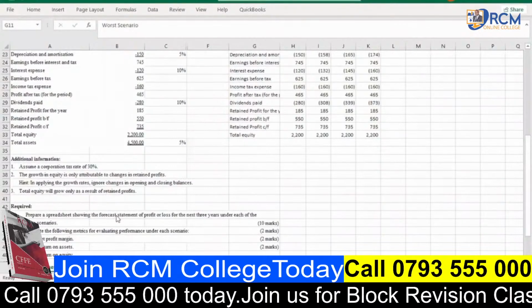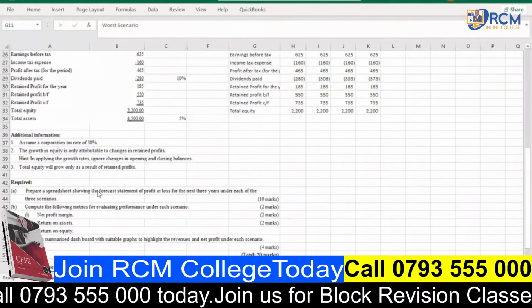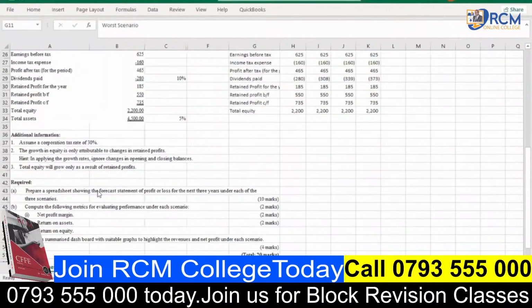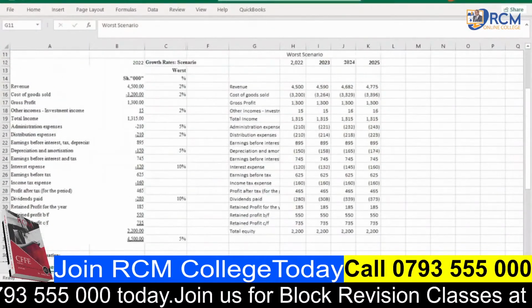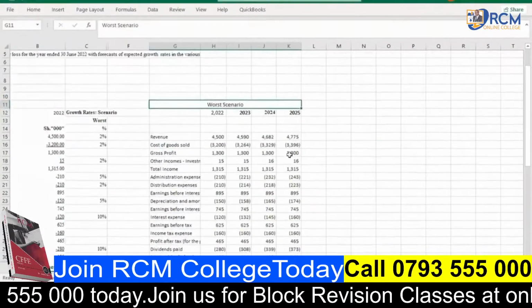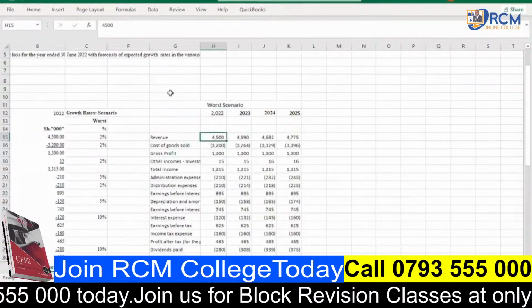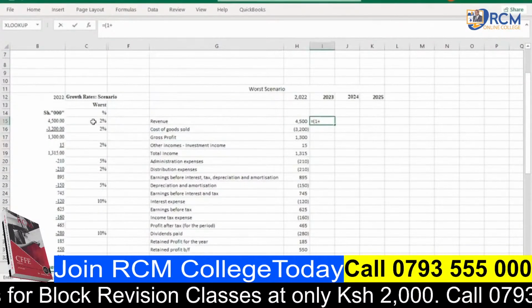How do we autofill for 2024 and 2025? Have you set your formula? 1 plus the growth rate. Our growth rate is 2%.